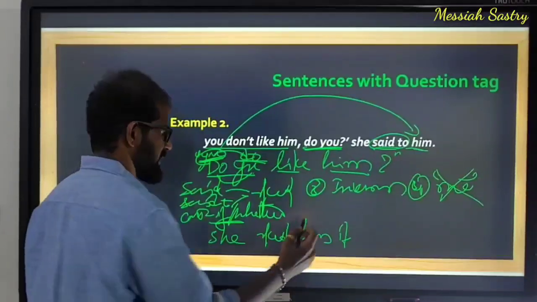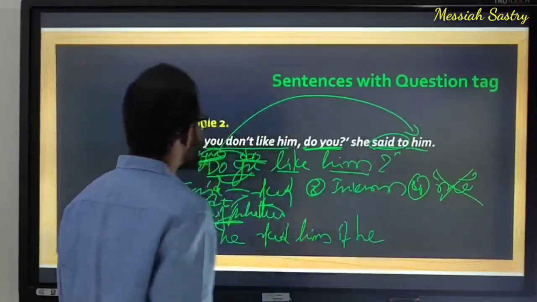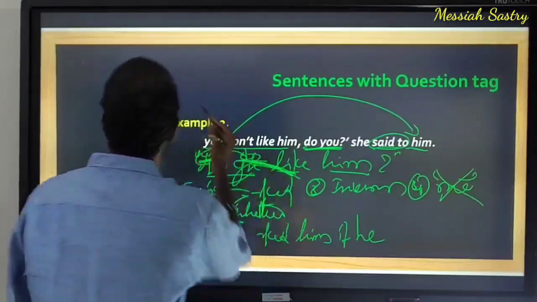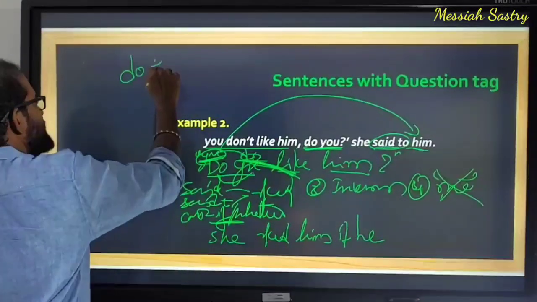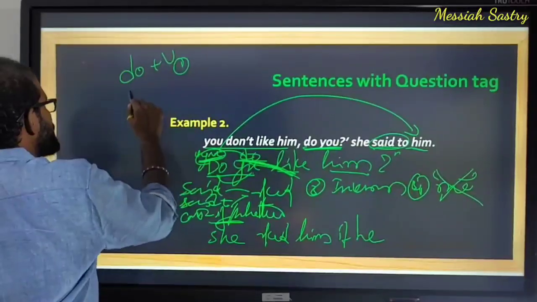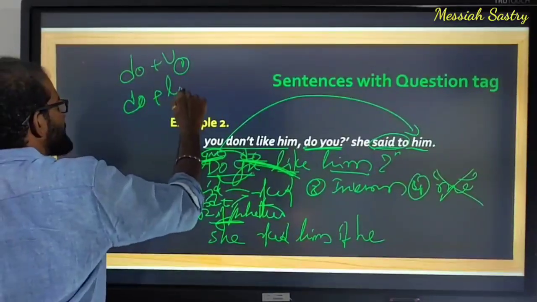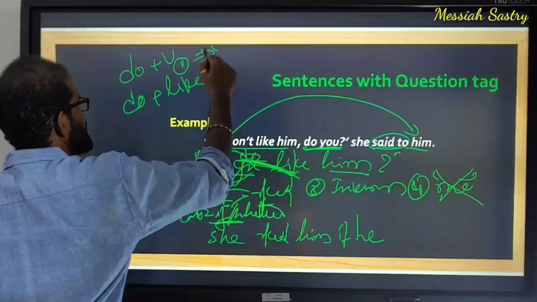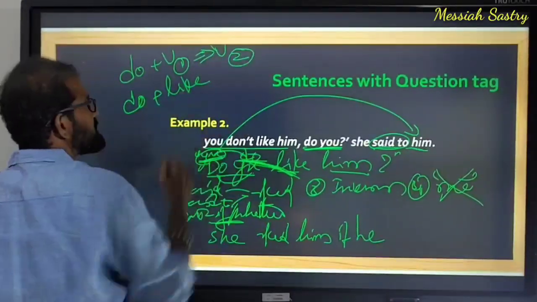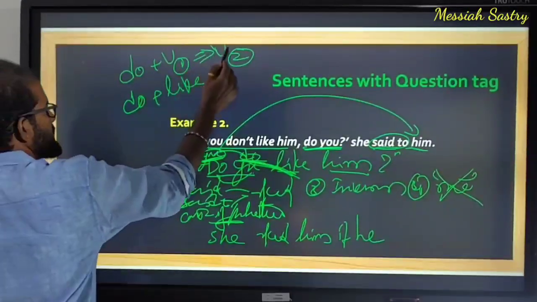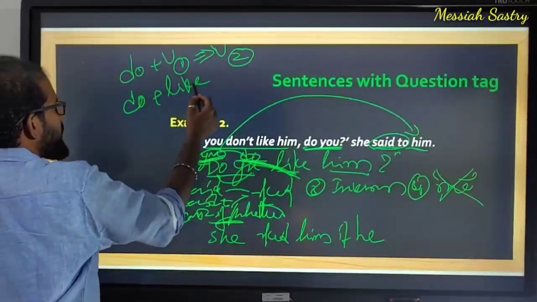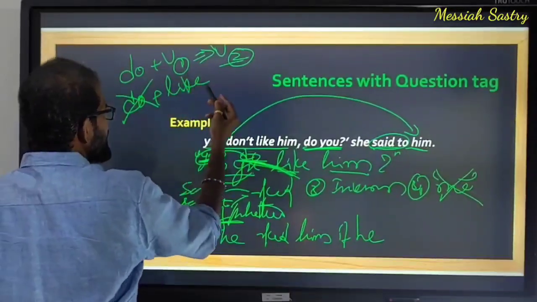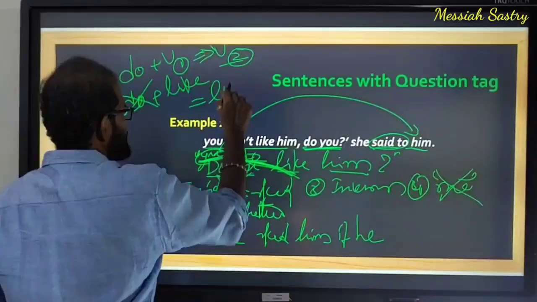Him means he. If he do like. Already we have discussed at this point, do plus V1, while changing into indirect speech we change it to V2. We don't use this do. Like, V2 is liked.